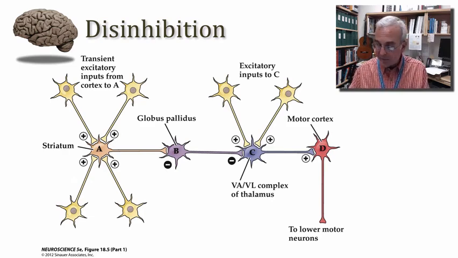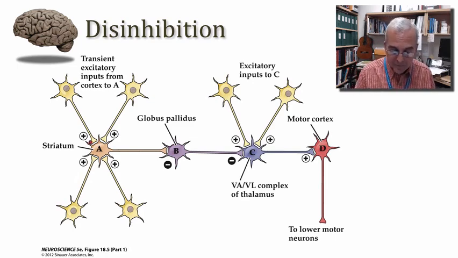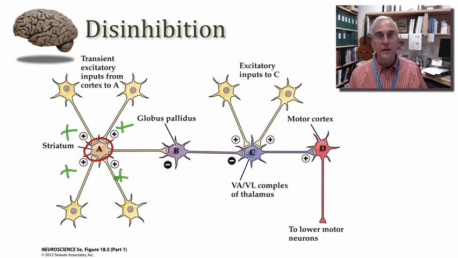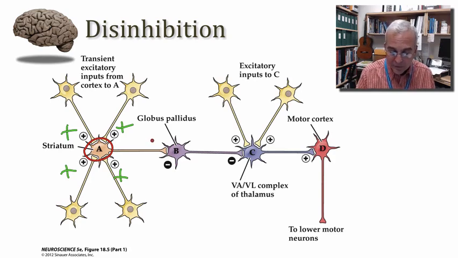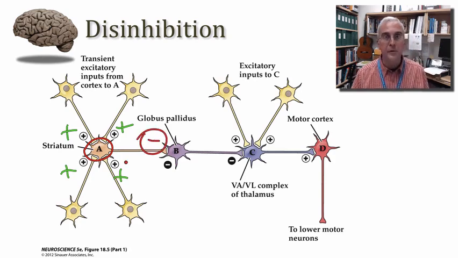So notice, for example, that the striatal neuron, represented by this neuron A, is receiving inputs from the cerebral cortex that are driving the activity of the striatal neuron when these cortical inputs converge in space and time in the striatum. Now, that excitatory drive is going to lead to the release of inhibitory neurotransmitter on the globus pallidus.